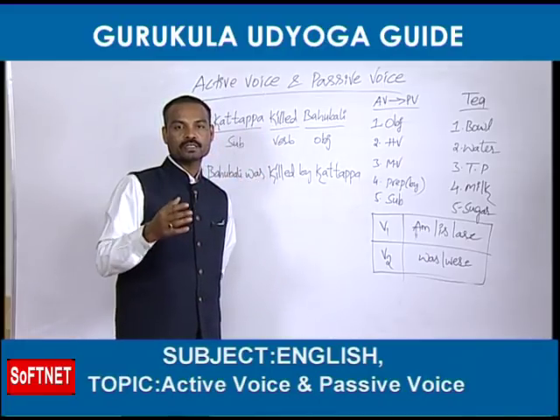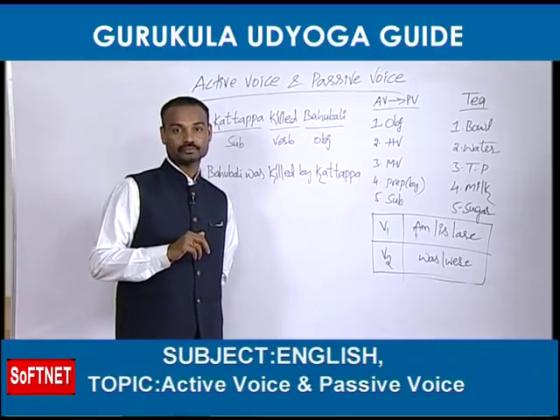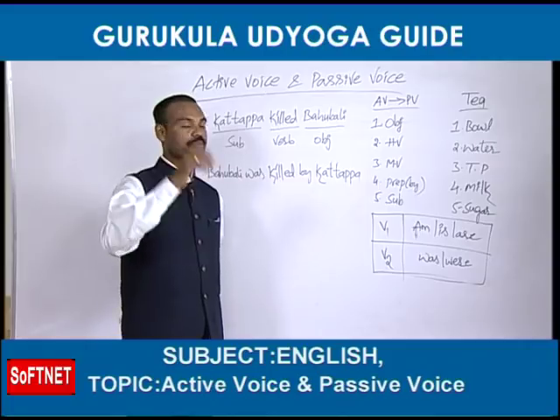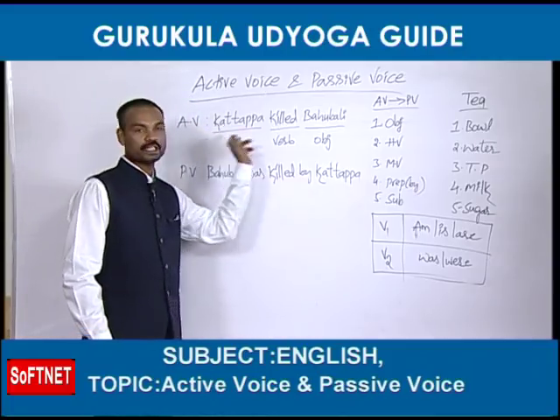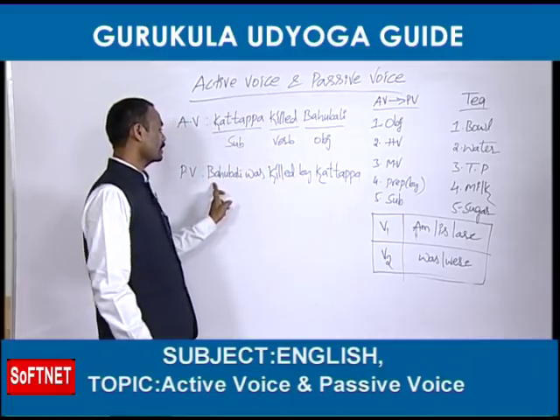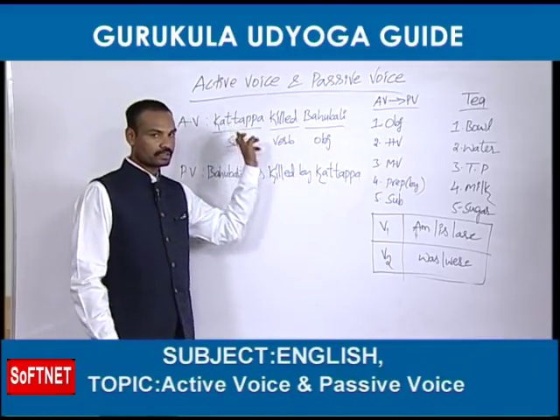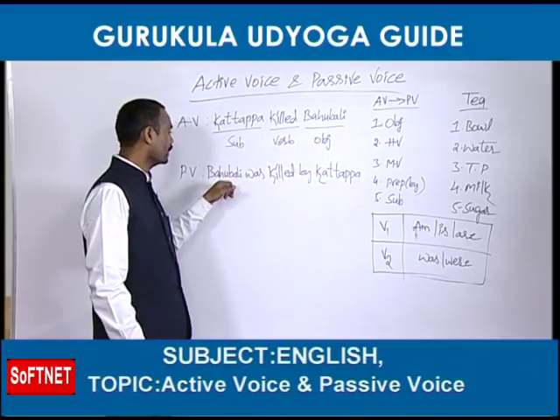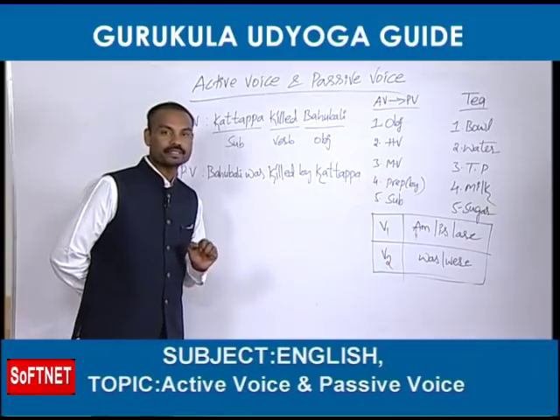Object means a person who receives the result of that work. This sentence has started with the subject, so it is active voice. This one has started with the object, so it is passive voice.